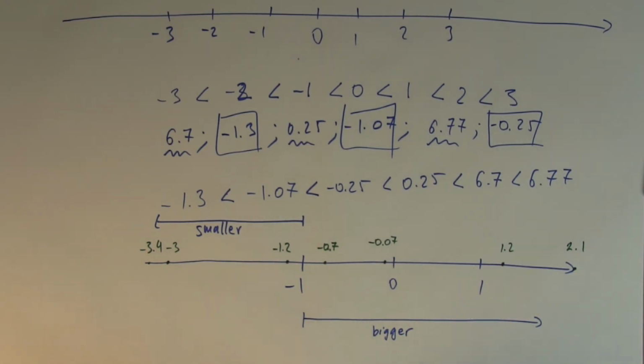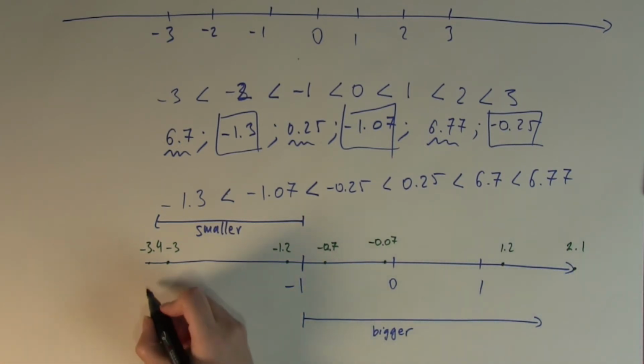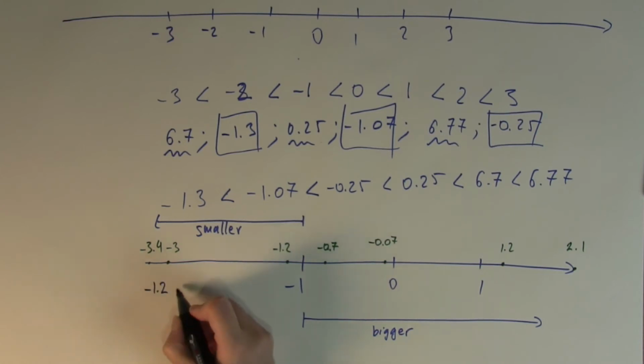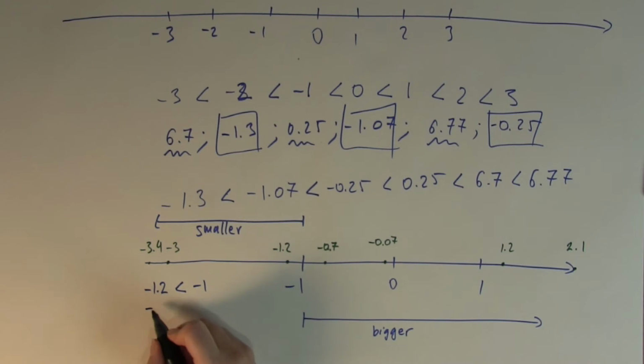But how do we show this using the symbols for smaller and bigger? So I'm just going to pick up a few of them. -1.2 is less than -1, but -0.7 is bigger than -1. 1.2 is also bigger than -1, and -3.4 is smaller than -1.